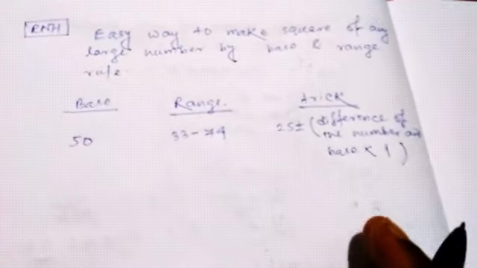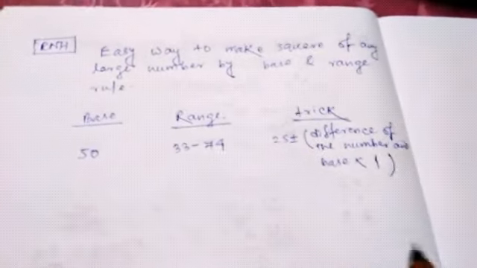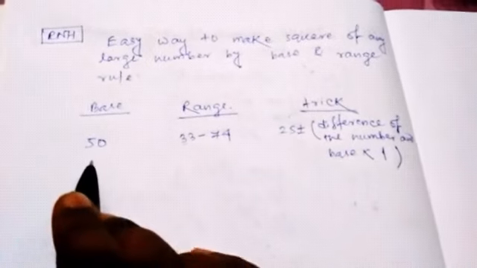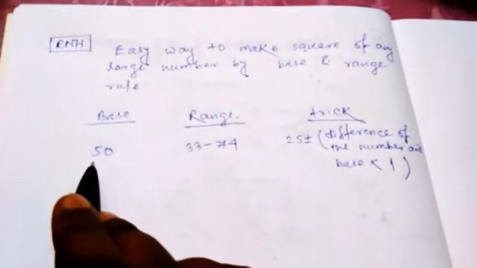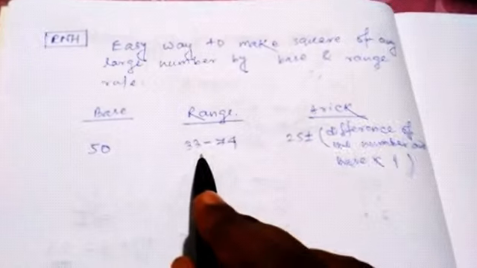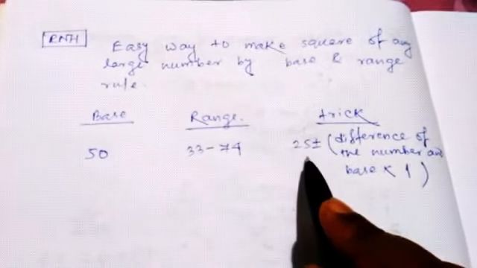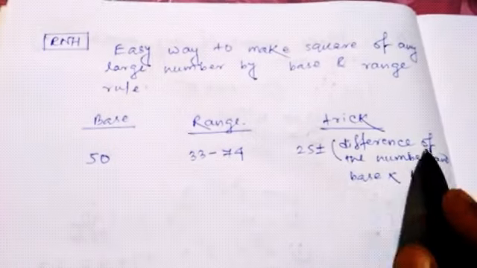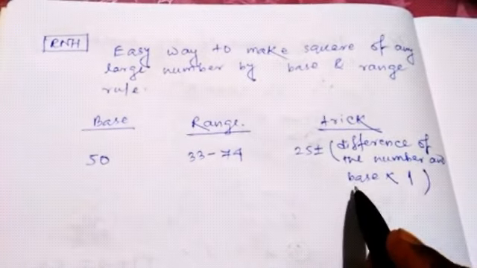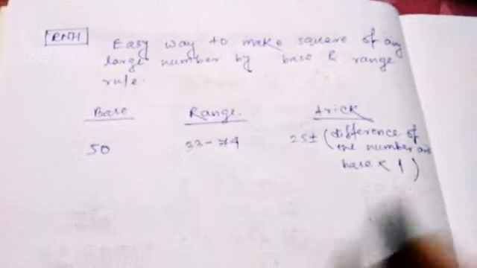Now first I am writing this. The base is 50 and the range is 33 to 74, and the trick is 25 plus minus the difference of the number and the base into 1.